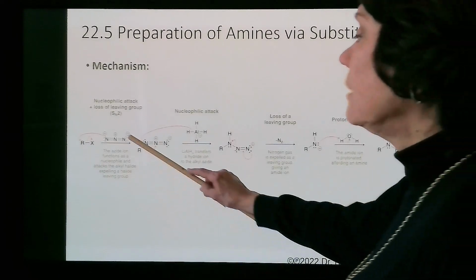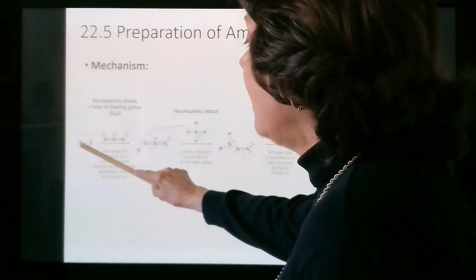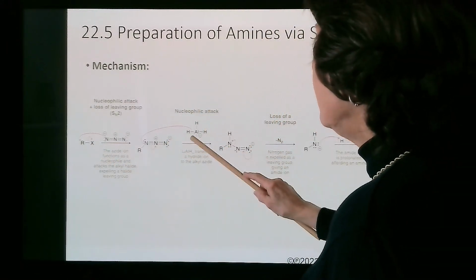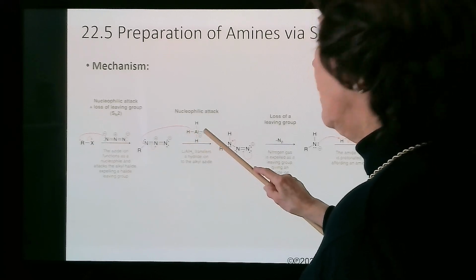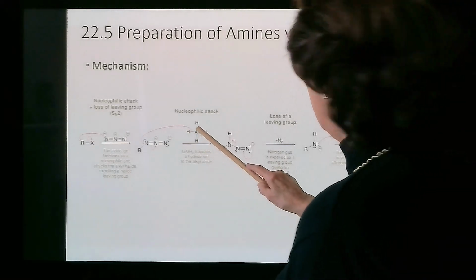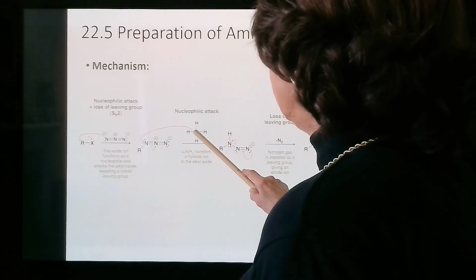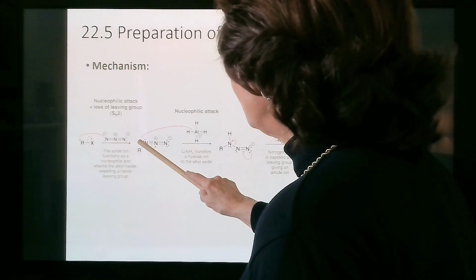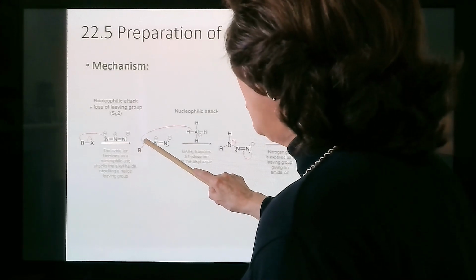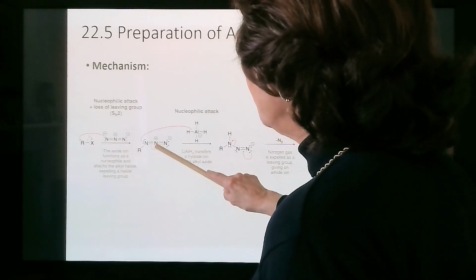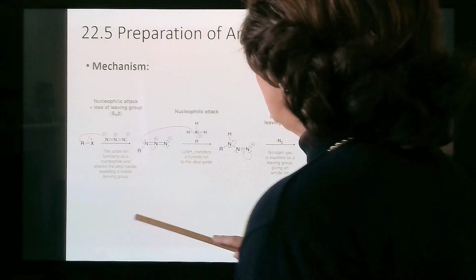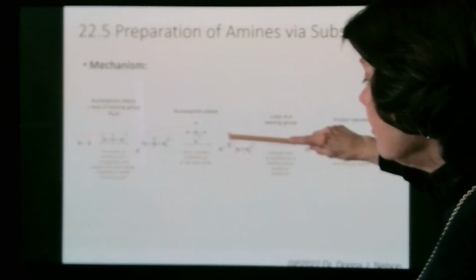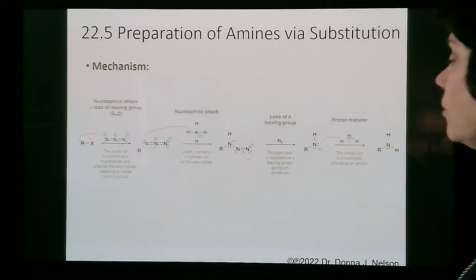Here's the mechanism. There's the azide backside attack on the alkyl halide. And then, using lithium aluminum hydride, you have H- do an attack on nitrogen. A pair of electrons moves over, satisfying the positive charge. Now you have the first of the nitrogen-hydrogen bonds formed here.